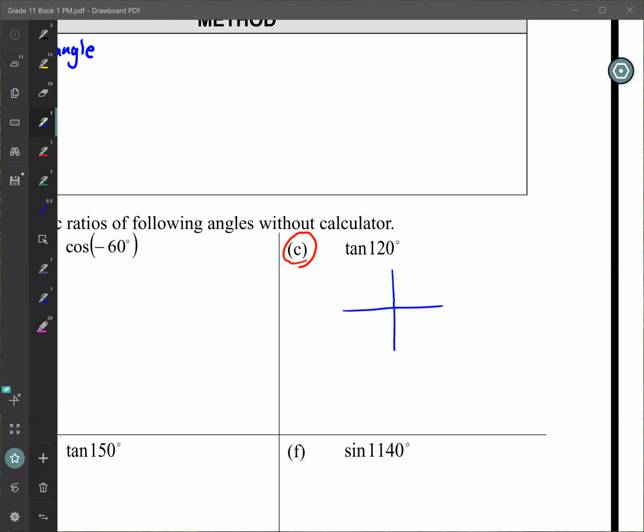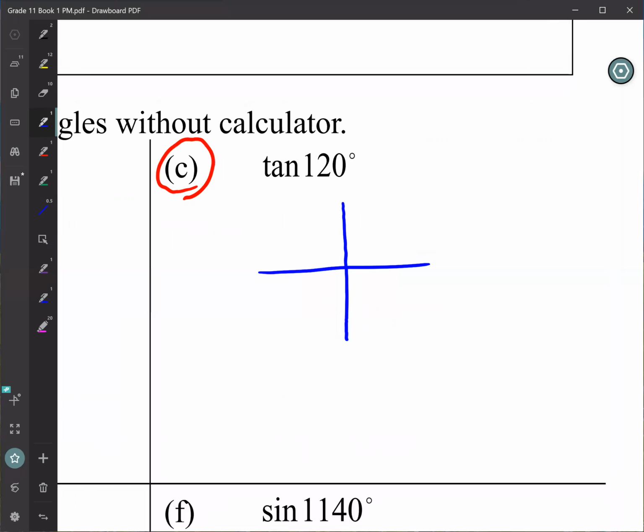Anyone has questions about how to draw 120 degree? Because of the standard position, everyone's picture should be the same, okay? So I'll ask one of you to draw on the screen 120 degree. Please raise your hand when you finish.